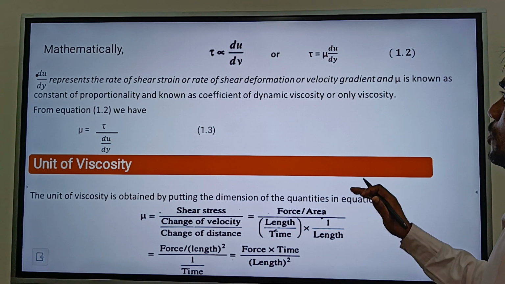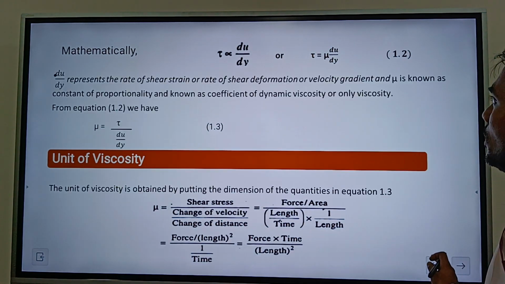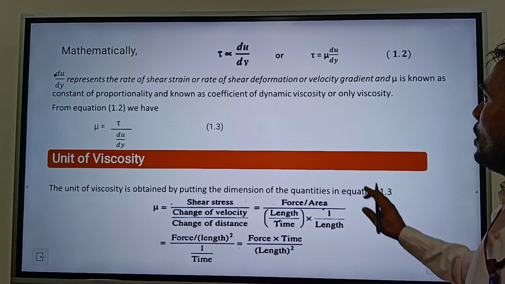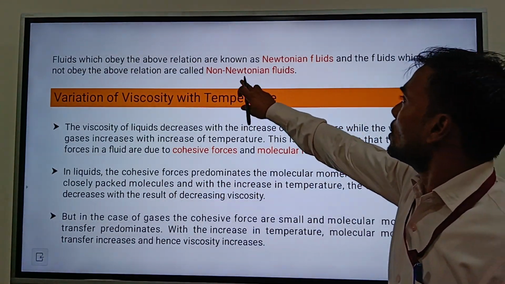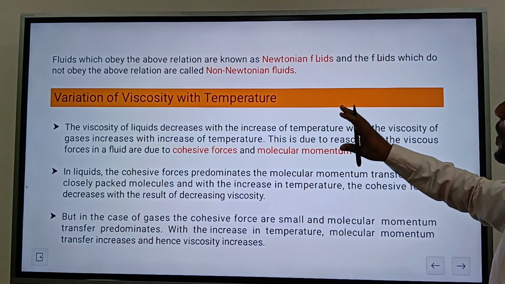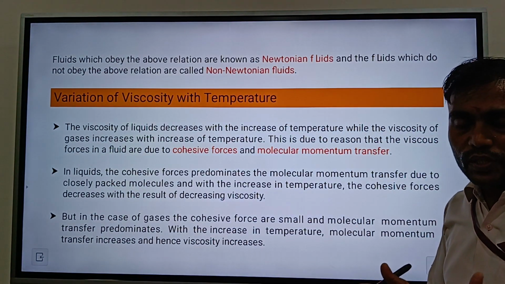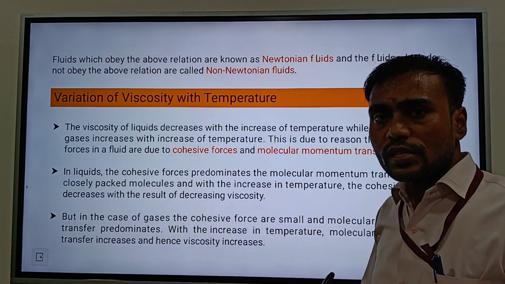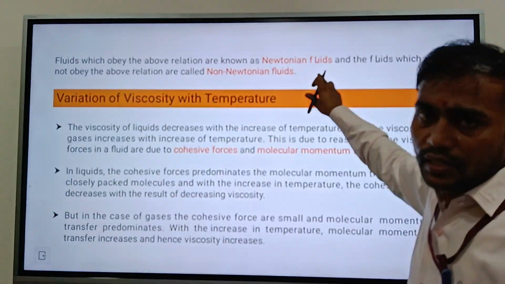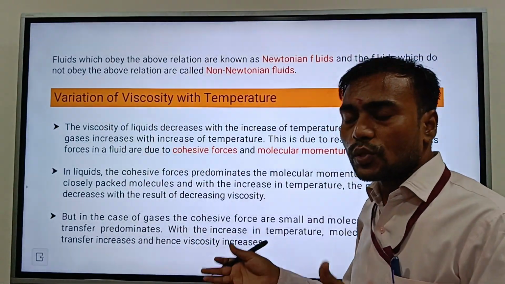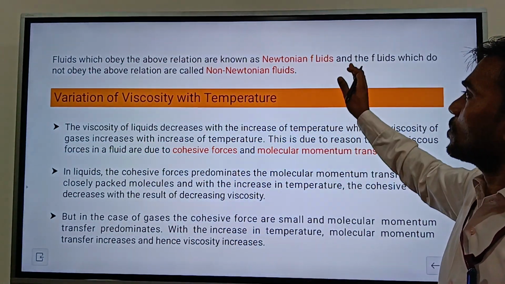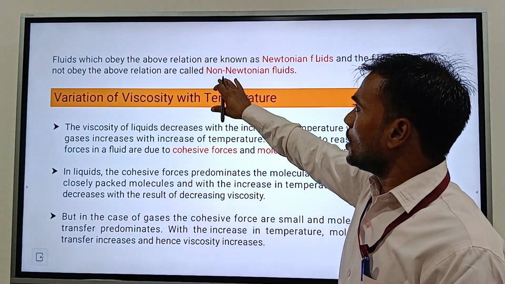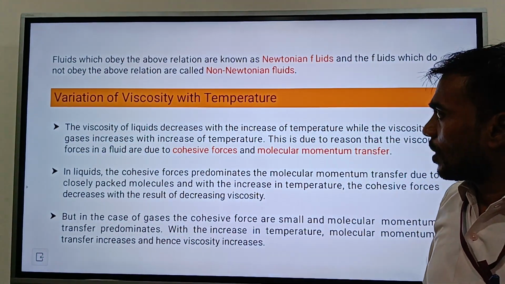All the fluids which don't follow Newton's law of viscosity are known as non-Newtonian fluids. Okay, so basically according to Newton's law of viscosity, there are two types of fluids. First one is the Newtonian fluids, which obey Newton's law of viscosity, and those which don't follow Newton's law of viscosity are known as non-Newtonian fluids.